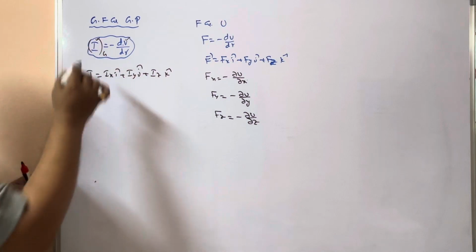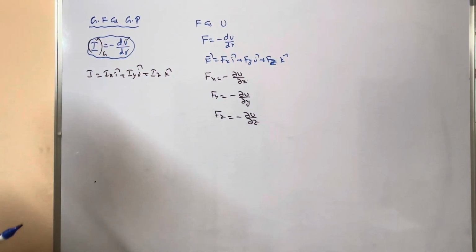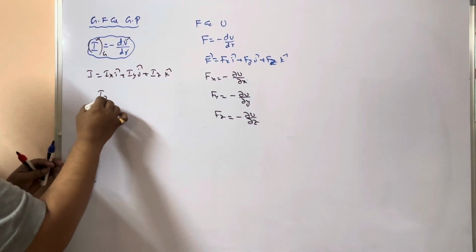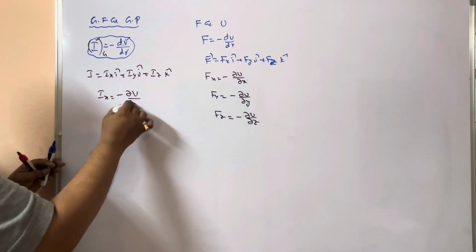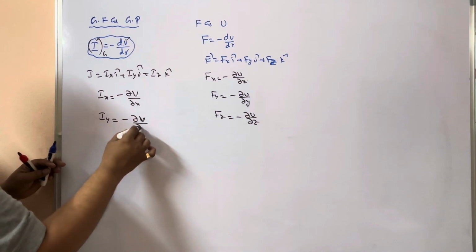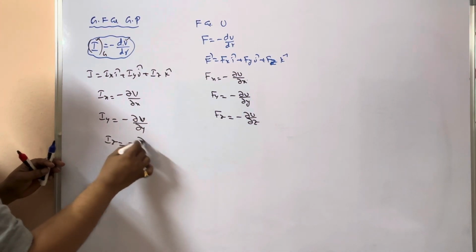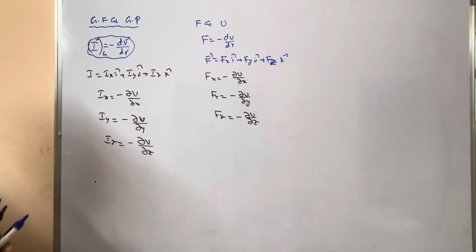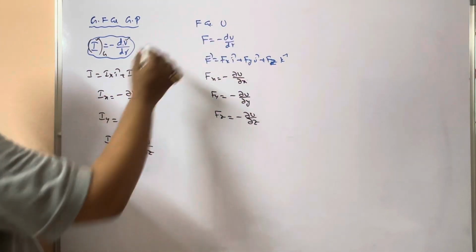In some books they will write Ig also, gravitational field intensity. So for Ix, minus ∂V by ∂x, Iy minus ∂V by ∂y, Iz minus ∂V by ∂z. I hope you understood by taking this equation.